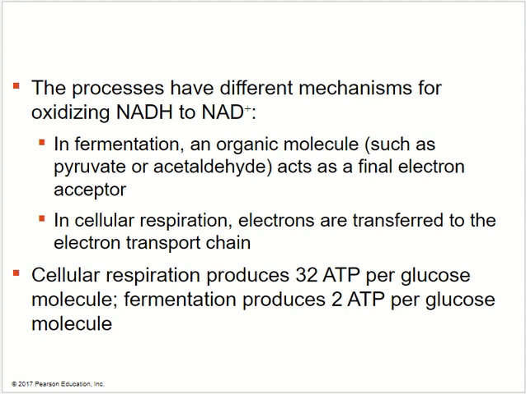In fermentation, an organic molecule like pyruvate or acetaldehyde acts as the final electron acceptor. In cellular respiration, electrons are transferred to the electron transport chain instead. Cellular respiration produces 32 ATP at most per glucose molecule, whereas fermentation produces 2 ATP per glucose molecule.